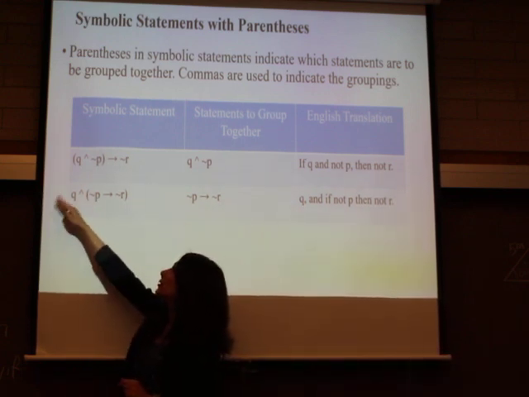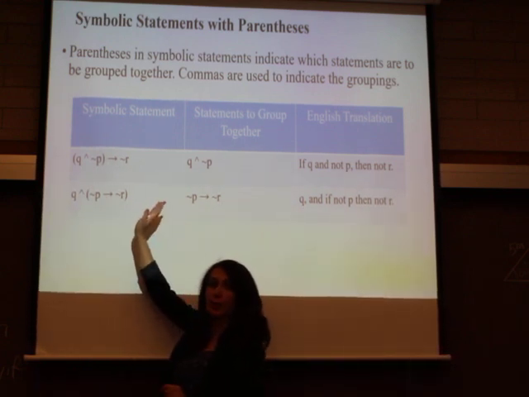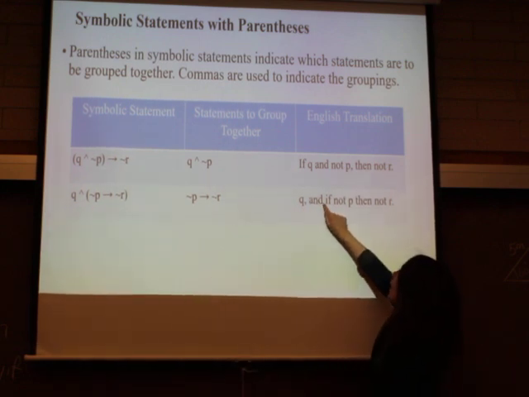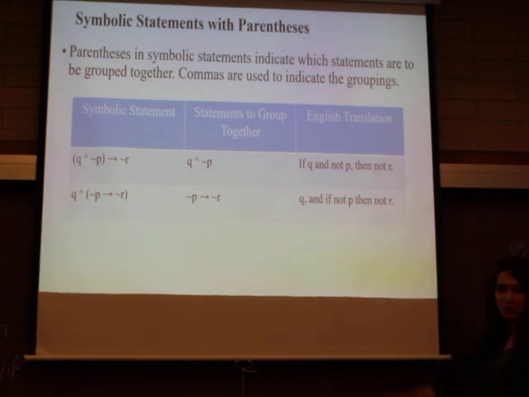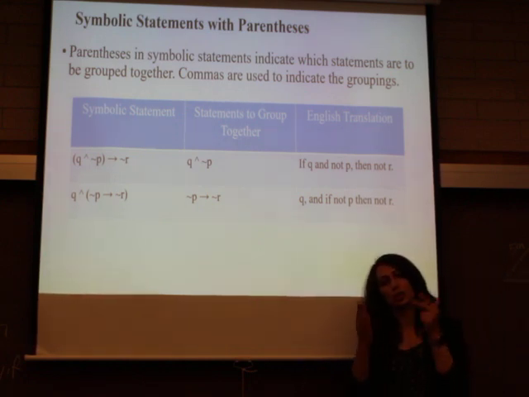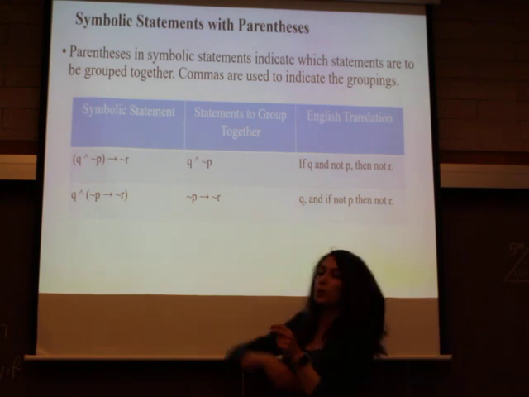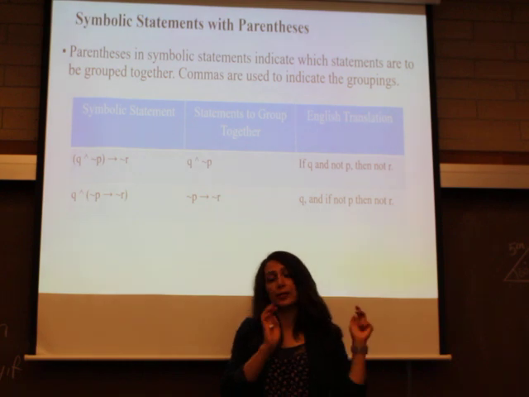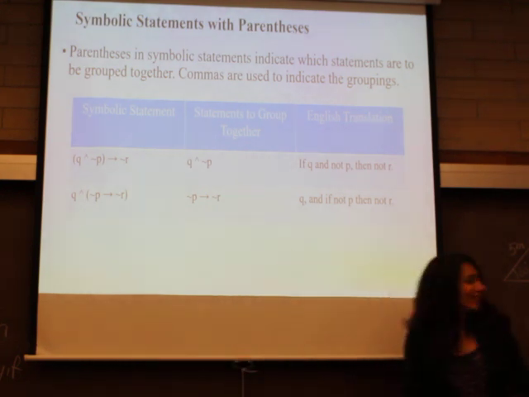Whatever you have before comma is one group. Whatever I have after comma is another group, right? So I put the comma here, Q, and if not P, then not R. So be careful about the commas and the parentheses. They show you the groups. When you have comma, whatever before comma is one group. Whatever comes after comma is another group, right?